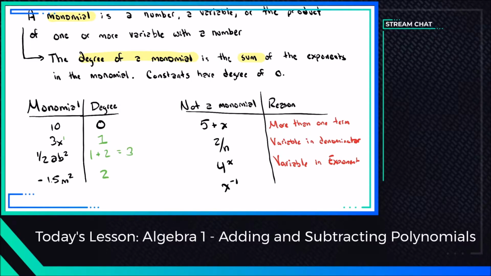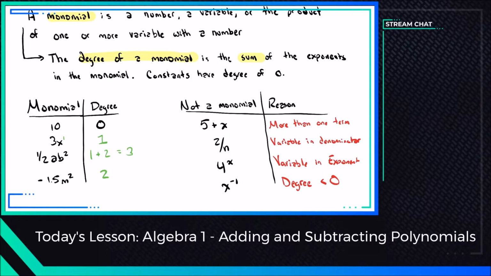And just like 2 divided by n, we're working with a degree less than 0. So everything here on the left, those are all monomials. Monomials look very clean. This weird stuff on the right, we're in not a monomial land.